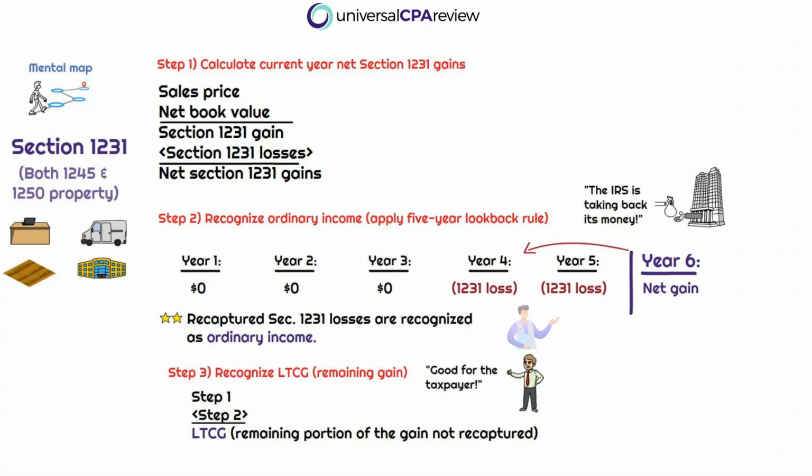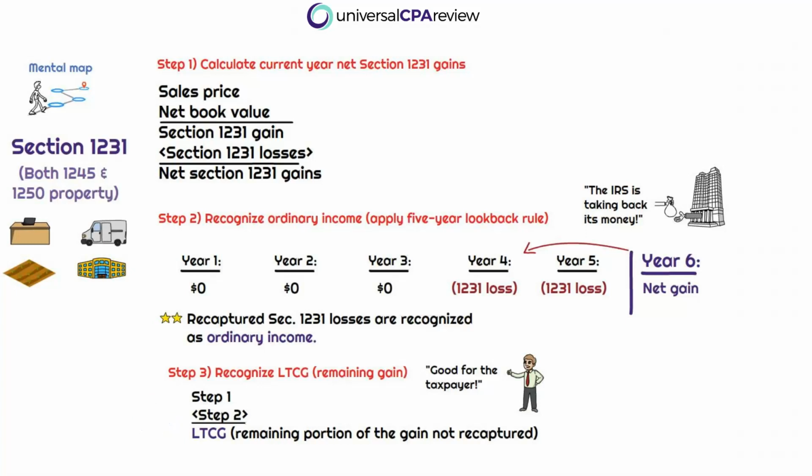So the portion of this gain that amounted to Section 1231 losses within the previous 5 years is going to be recorded as ordinary income, right? The IRS is taking back its money, and anything in excess of those Section 1231 losses that were recaptured will be recorded as Section 1231 gains, which we remember is good for the taxpayer. Why again? Because that's the portion that is getting treated as a long-term capital gain. Those are going to be lower rates than ordinary income tax rates.